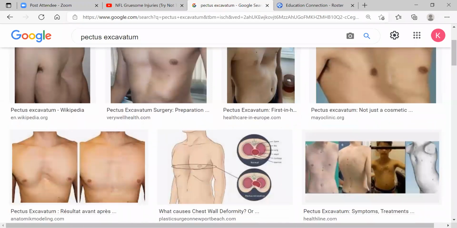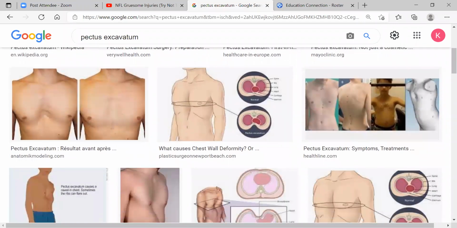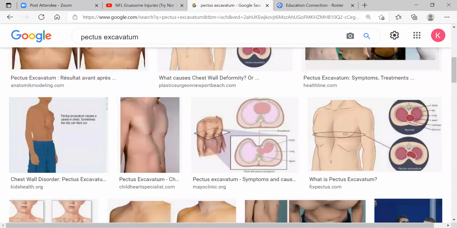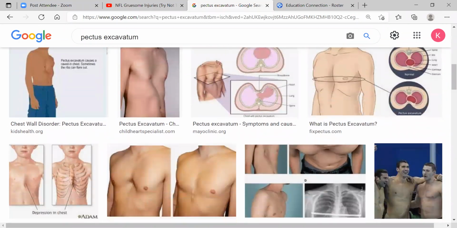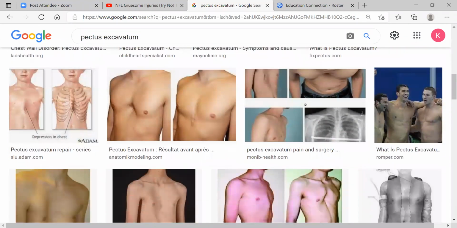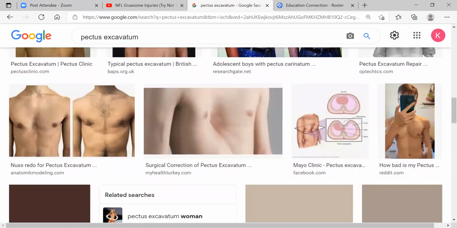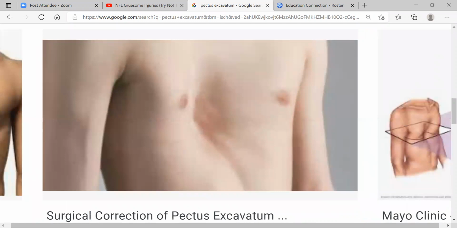It's in males and females. You can get it corrected, but it does require surgery. Have any of you ever seen somebody with Pectus excavatum? Okay. The kid that I went to high school with probably looked like that.